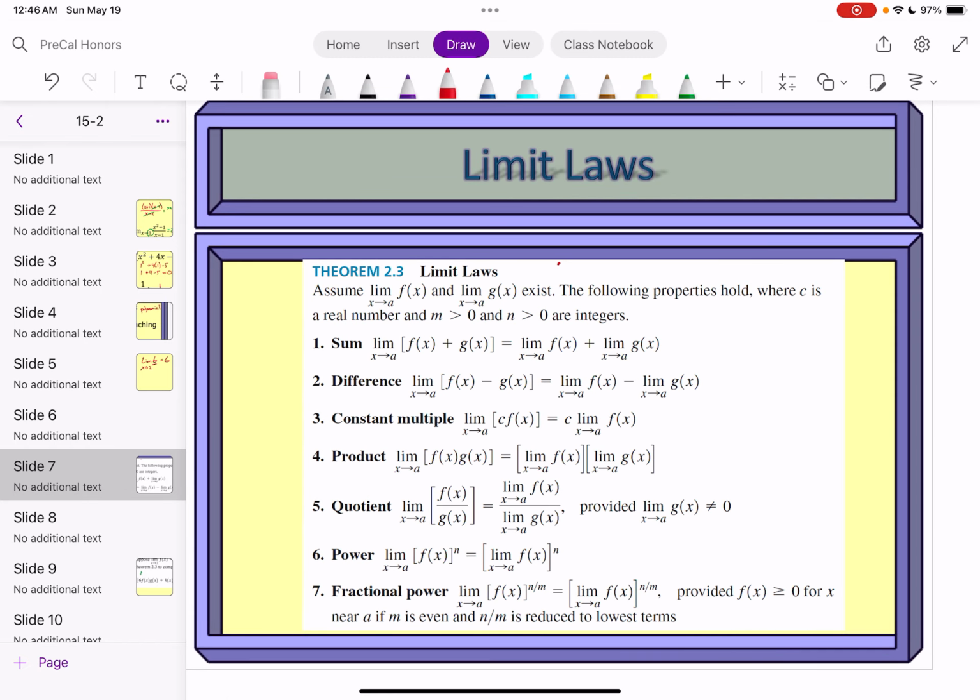On our next slide, we take a look at various laws that limits have, which ultimately just break down what we are looking at into multiple different pieces of limits. So let's take a look at the first one. For sum, it says the limit of f of x plus g of x as x approaches a is.